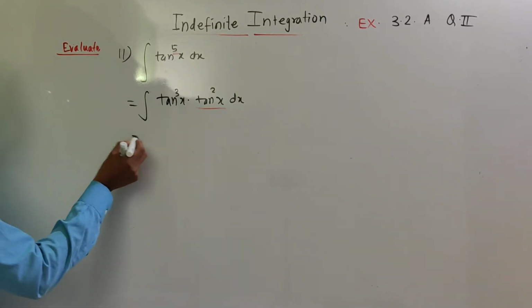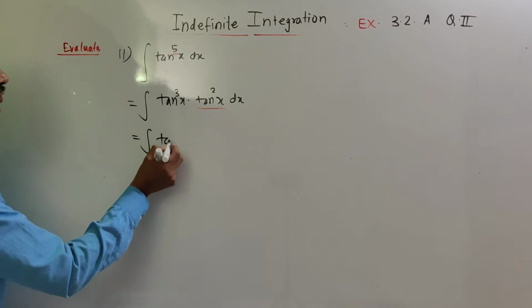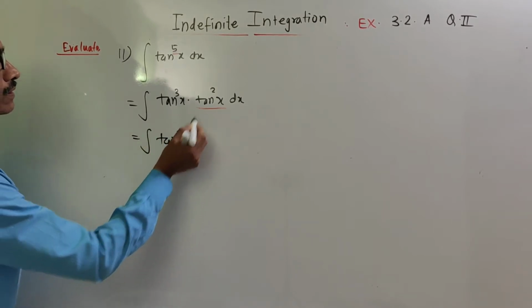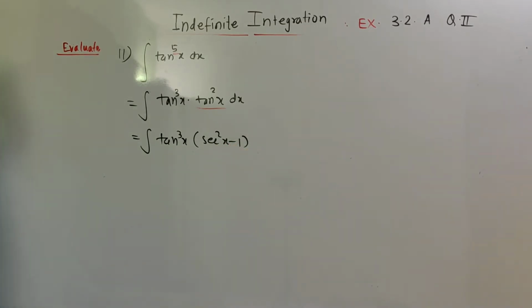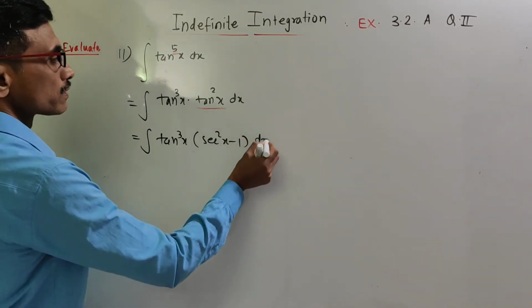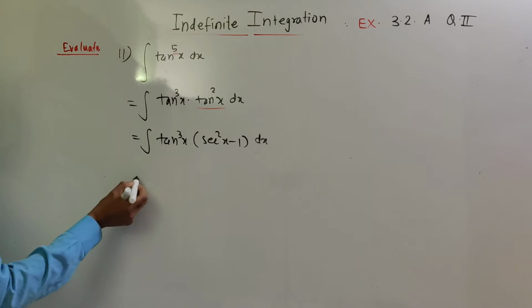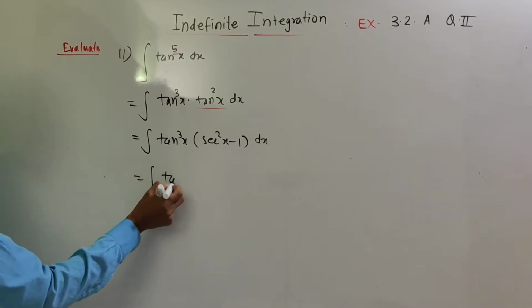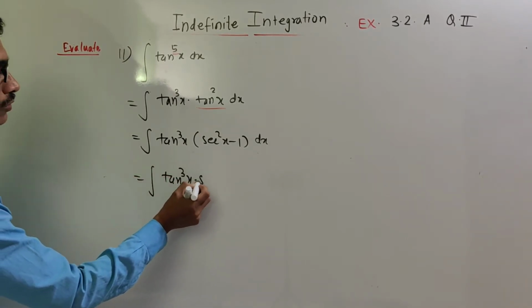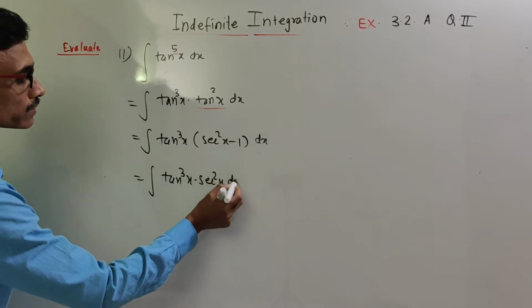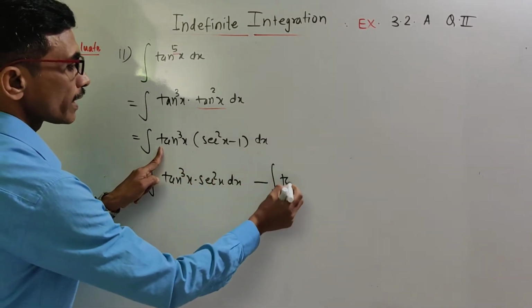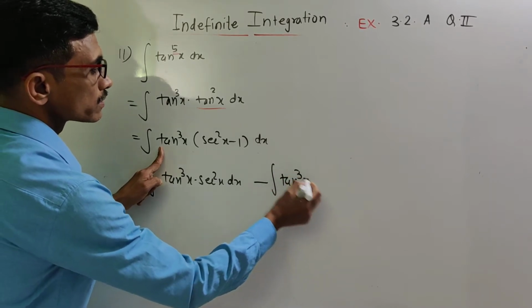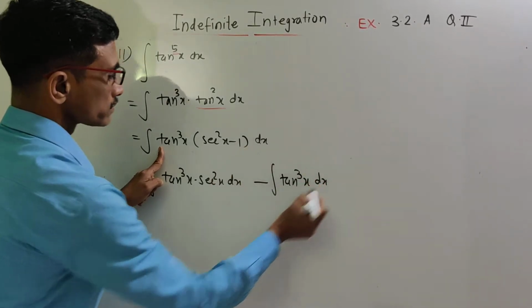Which is integral of tan cube x, you will express this as (sec square x minus 1) dx. On multiplying you get integral of tan cube x into sec square x dx and minus integral of tan cube x into 1 dx.